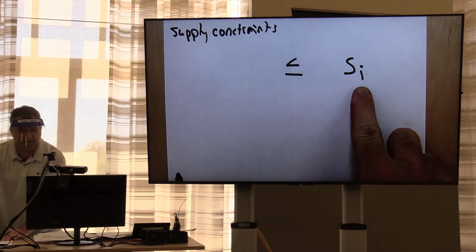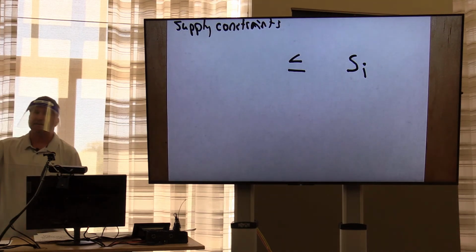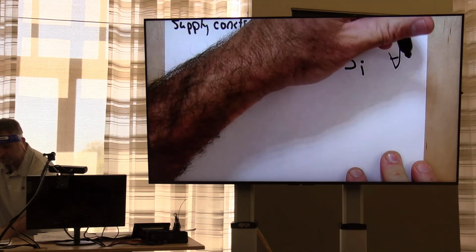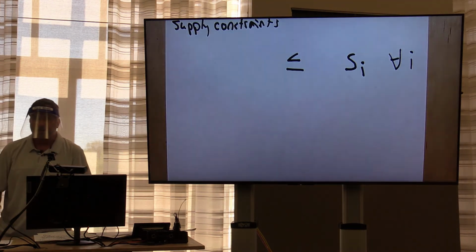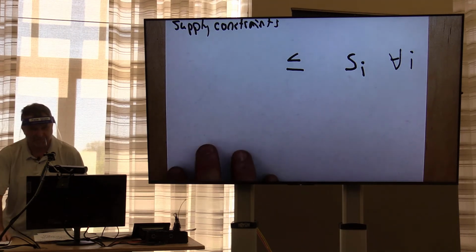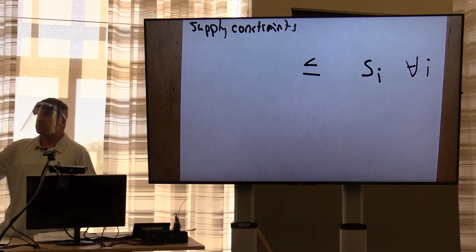And so what we're saying is, we've said SI right here. So it's like we're holding the arbitrary I constant. I is going to stay there because we're going to say this has to hold true for all I. And so we know our X's are always going to have I's.